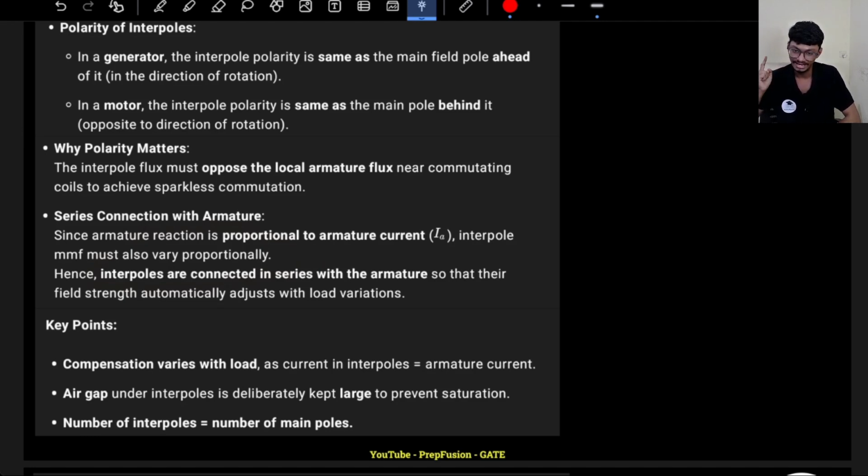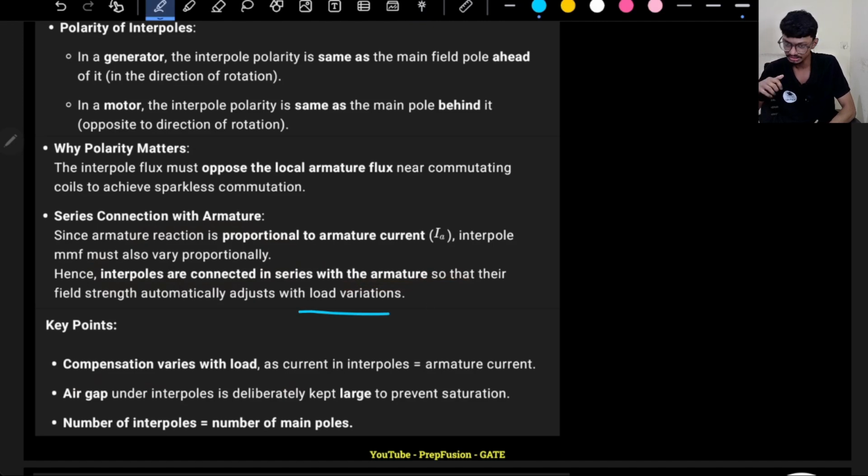As the armature mmf is proportional to the armature current, the field current of the interpoles also should be the same as the armature current. Hence interpoles are connected in series with armature so that their field strength automatically adjusts with load variation, because if the load changes, the armature reaction value will also change.